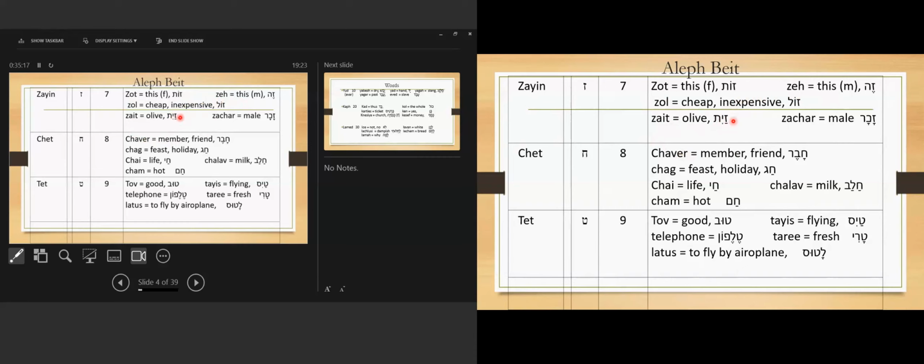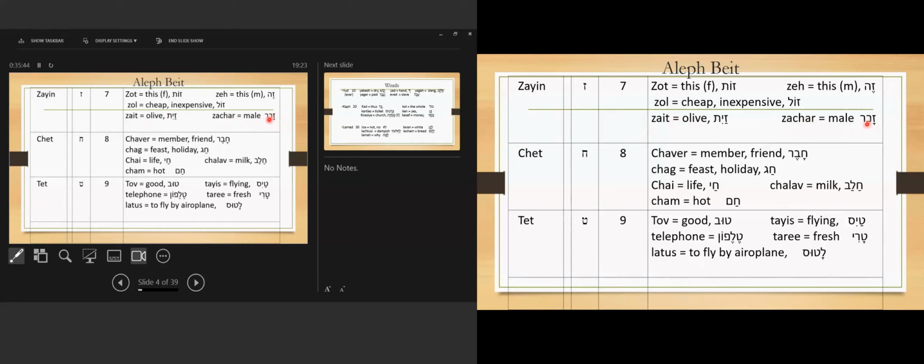Otherwise, davar is a thing or a word. And it is d, a, v, a, r. It's not b. Remember, the weight is without the dot. So it's a d, v, r. Davar is a thing.